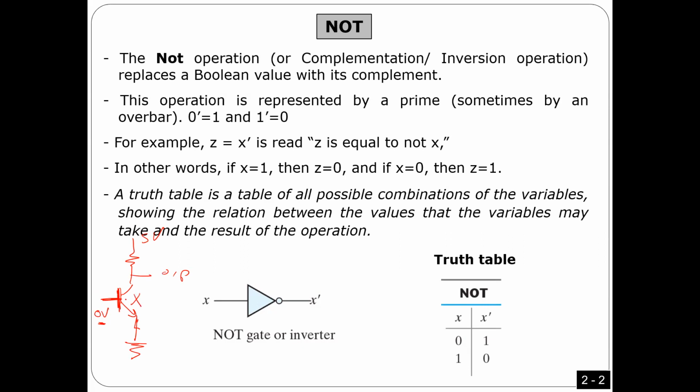I told you the transistor is like a switch. So this switch can be short circuit, or if it is open, it becomes what we call open circuit. So connect or disconnect. Here, because the input is 0 volt, the transistor is off.